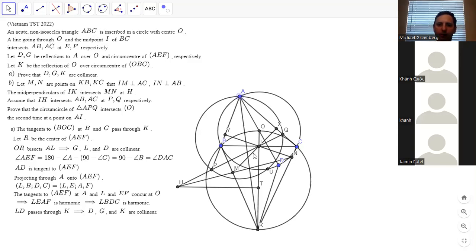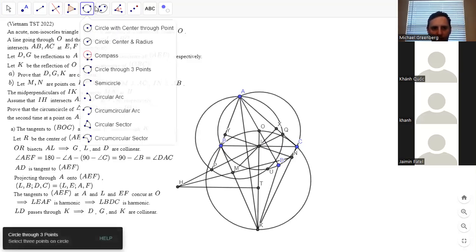Well, we could try to show that I lies on the radical axis of these two circles. That's probably an easier way to think about it, right? So we know the power of I with respect to this circle is basically BC squared over 4. And for the power of I with respect to this other circle, how can we compute it?